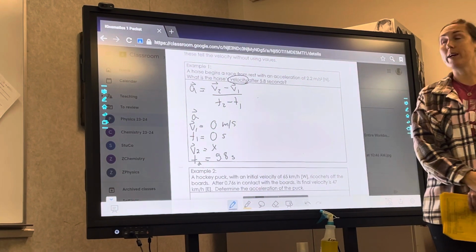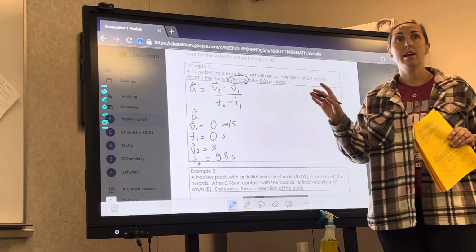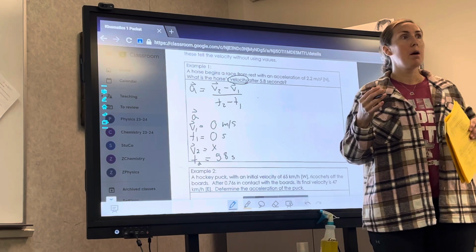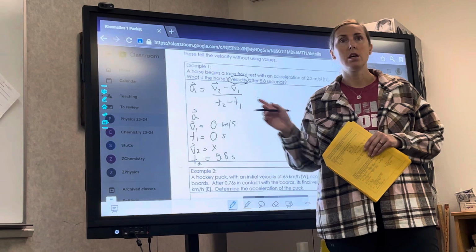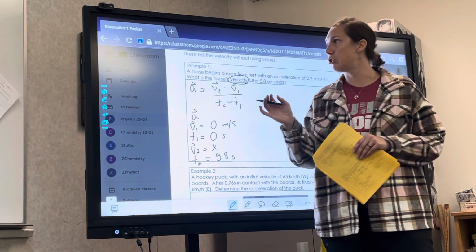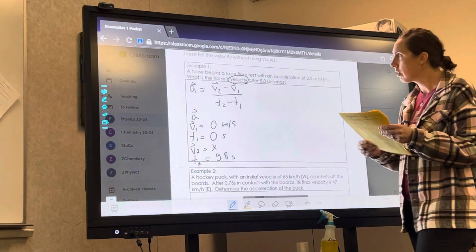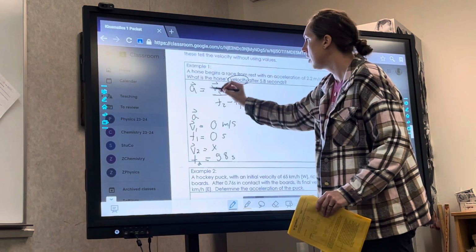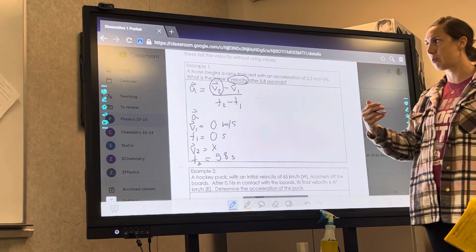Okay, so there's 2 ways to do this. I like subbing everything in and then trying to solve for that one number, but a lot of people say, hey, before you sub in for any numbers, just manipulate the formula to where you're solving for what you need. So if we are solving for V2, right here, let's just manipulate the formula to where we have V2 equals.